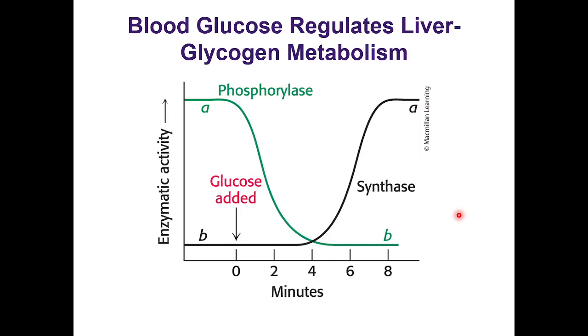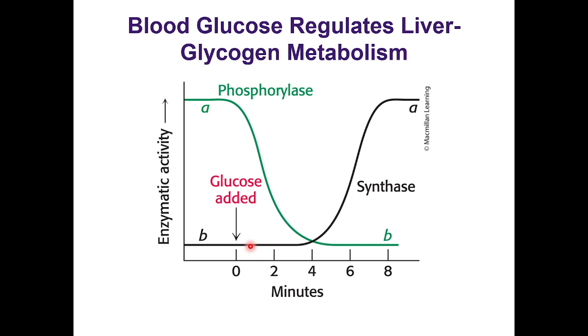This is the glucose added at 0 time right here. And so we add glucose, and what's going to happen? What does your liver do when it has glucose available? Fixes the glucose into the glycogen, right?